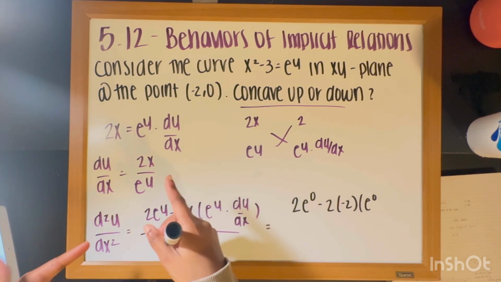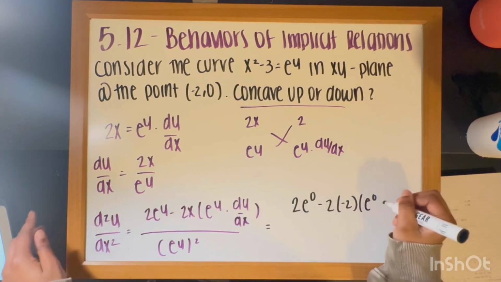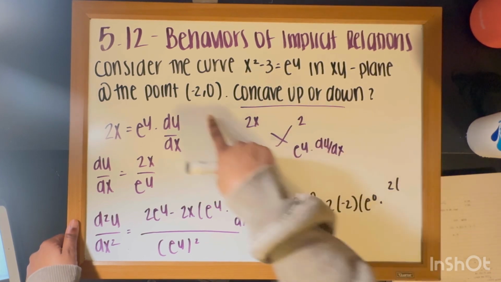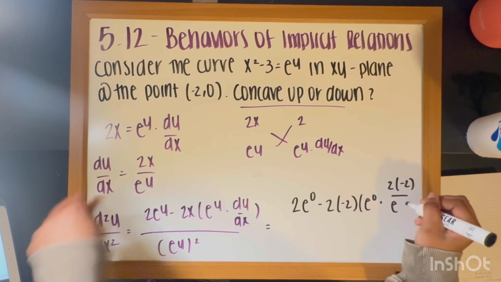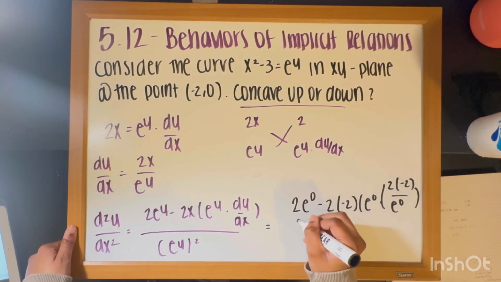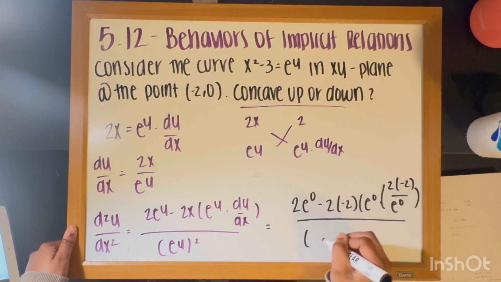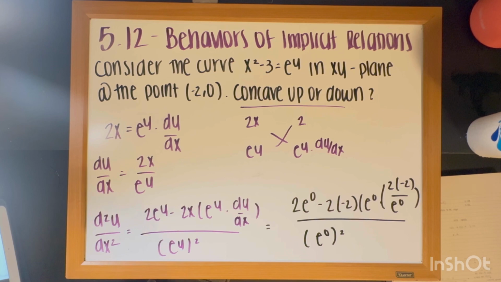And we know that we found dy dx equals 2x over e to the y. So I would just do times 2, x is negative 2, over e to the y, y is 0. And then I would do it all over e to the y, y is 0, squared.